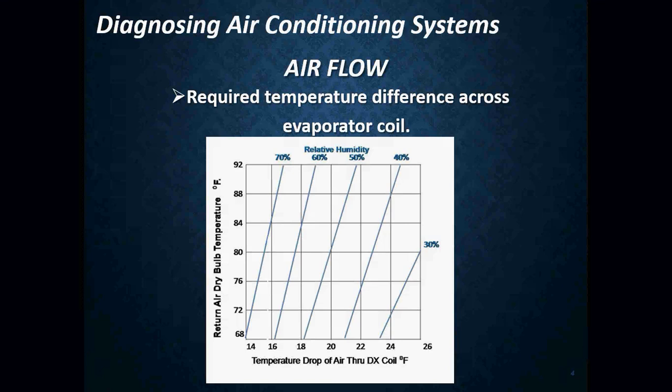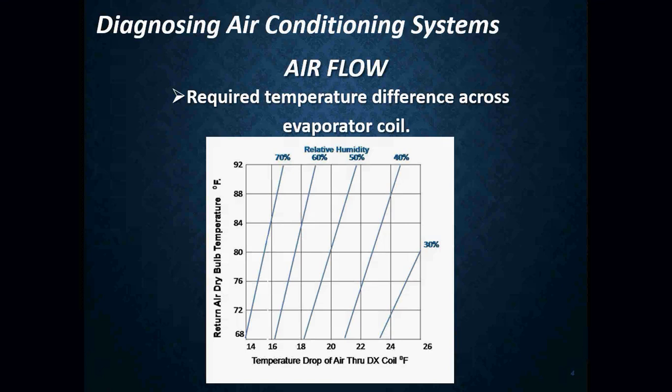The psychrometer is going to measure the amount of humidity that is in the air. And what he can do is take those two temperatures and calculate what the temperature difference or temperature drop across the evaporator should be.